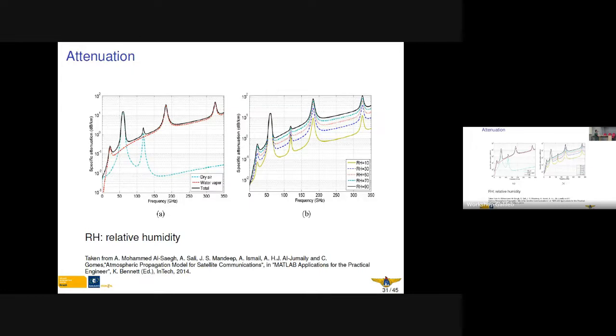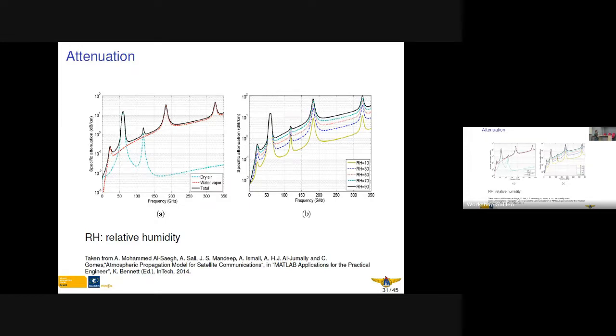So we have these spikes at certain frequencies, dependent on the water vapor and some resonating components, and the dry delay. In general, the delay increases with frequency. On the right-hand side, with different relative humidity, the effect of the water vapor is more prominent or less prominent.